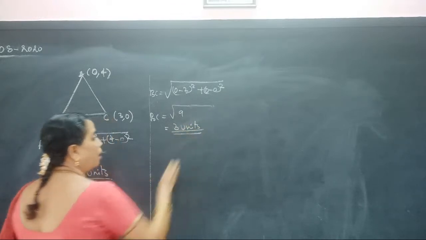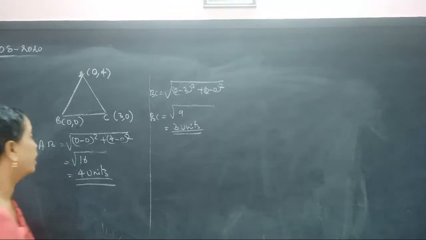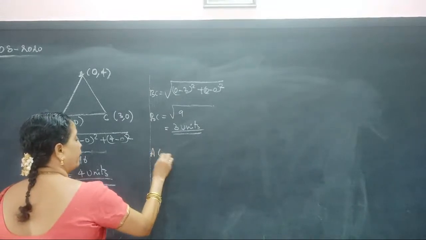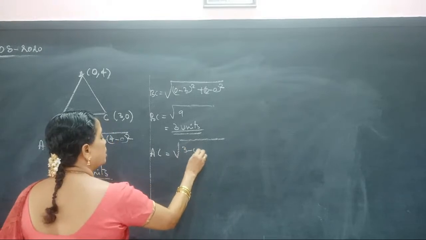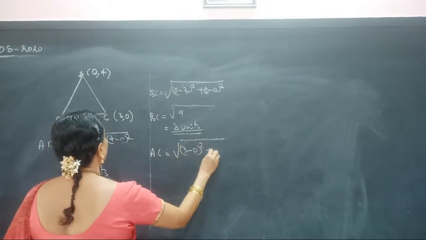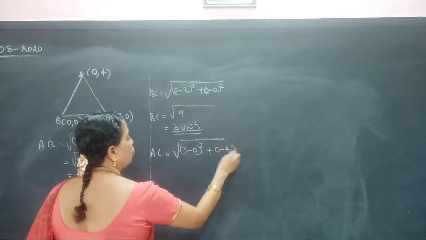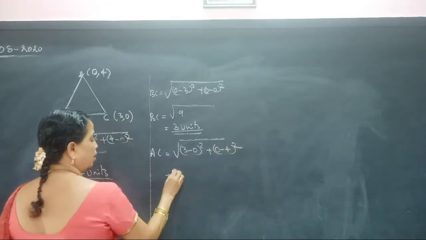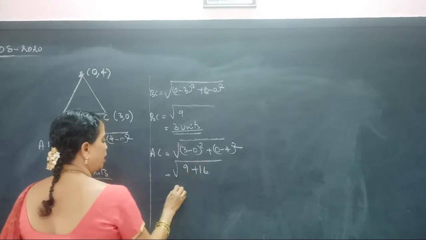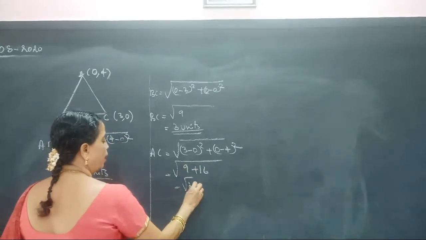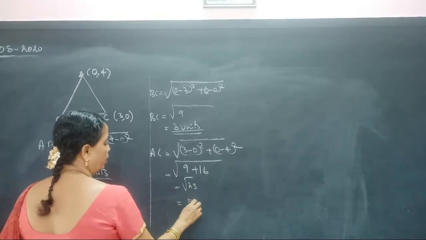Now the leftover part is distance AC. AC equals root of (3 minus 0) whole square plus (0 minus 4) whole square, equals root of 9 plus 16, root 25, it is 5 units.